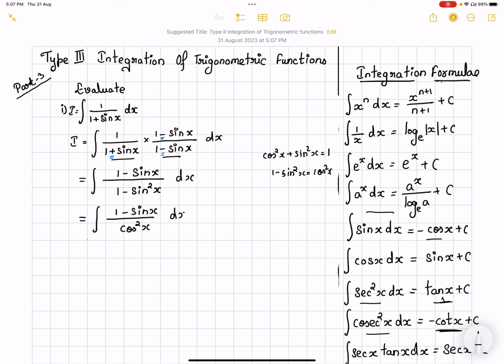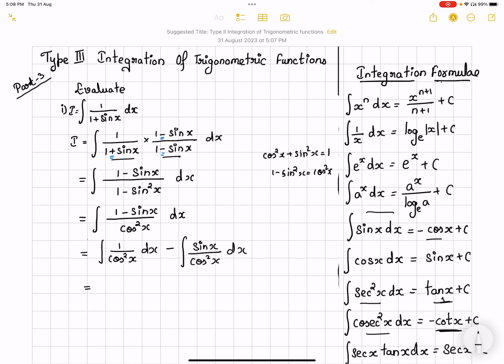Now you would be able to see the difference from the question part and here. In the question part, when I had two terms in my denominator and only one term in the numerator, I may not be able to proceed with my problem. In that case, the rationalizing helps in order to make that single term in the numerator into two terms. So that now I would be able to split it up and write it as integral 1 by cos square x dx minus sin x divided by cos square x dx.